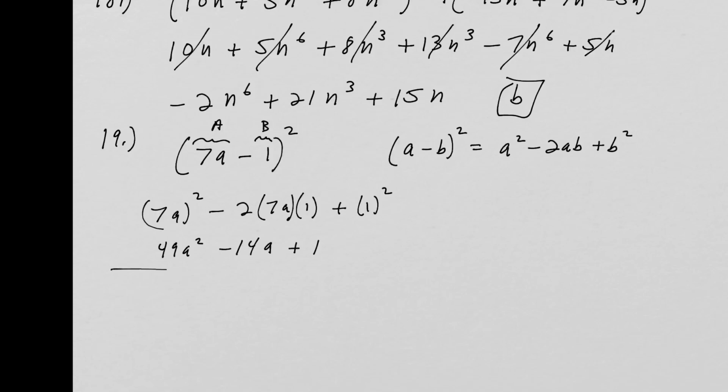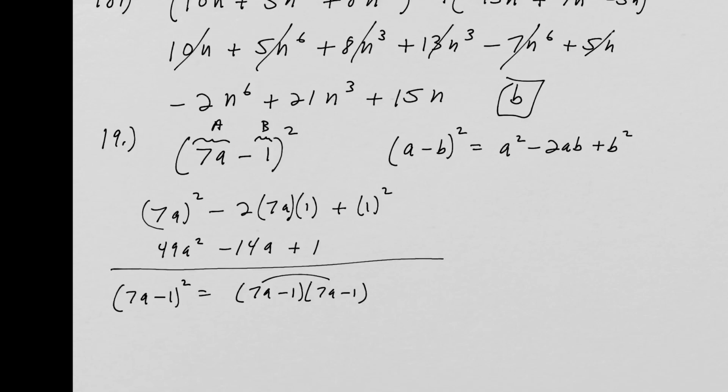So remember, you could just do this, right? You could say, well, I know that (7a minus 1) squared is the same as 7a minus 1 times itself. So let me just multiply this out, or FOIL it out. So I have 7a times 7a. That's 49a squared. I have 7a times negative 1. That's minus 7a. I have another negative 1 times 7a.